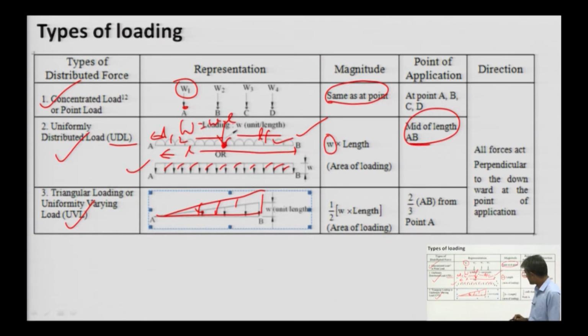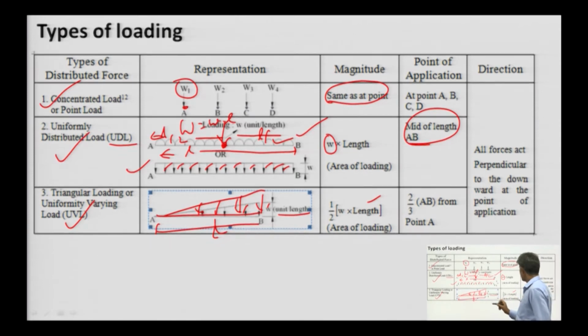In case of triangular loading, what will be the magnitude of the load? It will be the area, as in case of UDL. What will be the area? Half into this length L, half into length into this intensity of loading w.